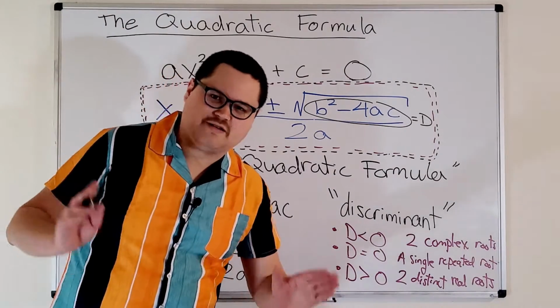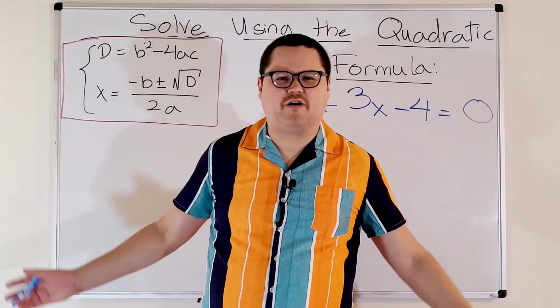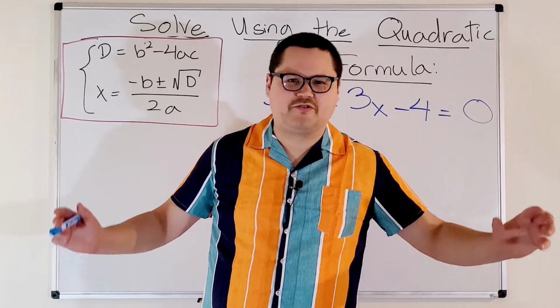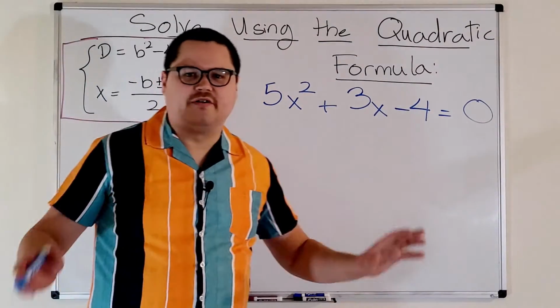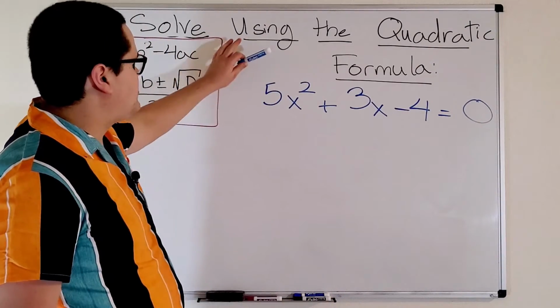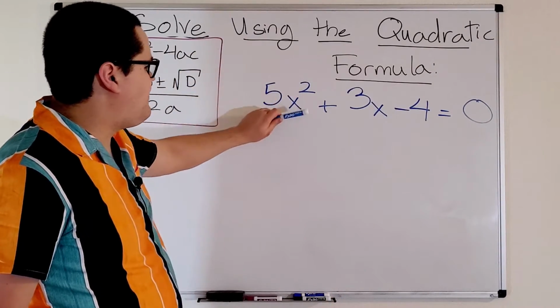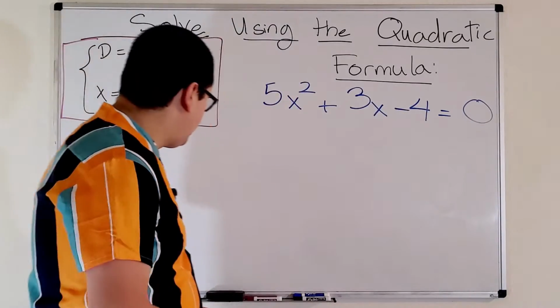Next up, some examples. Okay, let's do some examples where I use our two-step quadratic formula, which I wrote down here, to solve some specific quadratic equations. First up, we want to solve 5x squared plus 3x minus 4 equals 0.